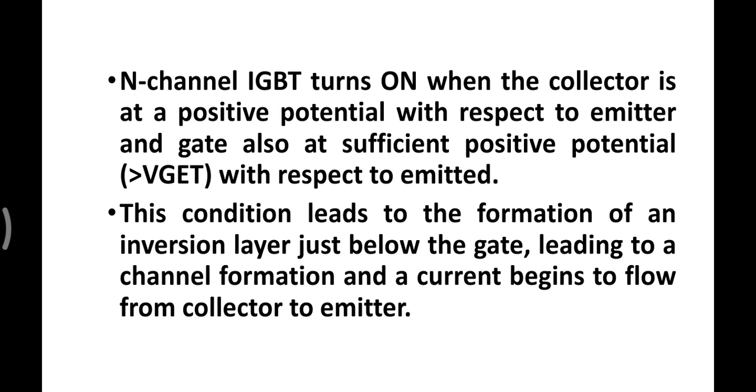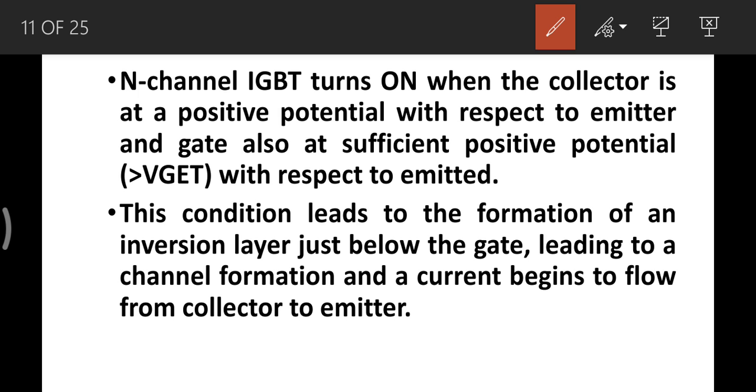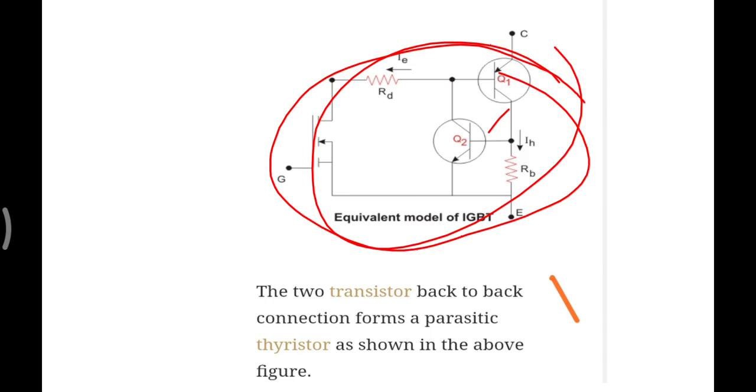When these two conditions are satisfied, only then is there formation of an inverse layer just below the gate, and this leads to the channel formation and current begins to flow from collector to emitter.